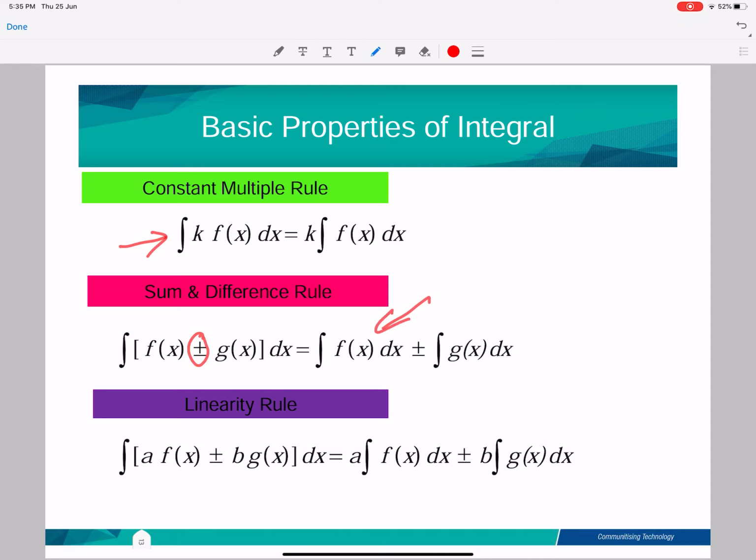The next property is the linearity rule, which is a combination of the constant multiple rule and the sum and difference rule, where we can factor out the constant and then split the integration into two.